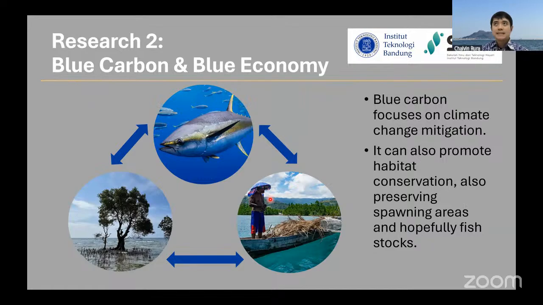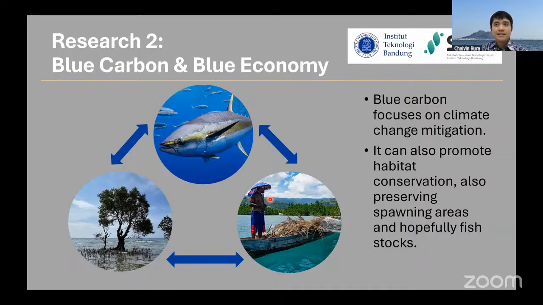There is currently a trend in Indonesia, because we have so many mangroves, and not only Indonesia but Southeast Asia, because Southeast Asia has the highest density of mangroves. There's an opportunity for countries that have mangrove and seagrass to participate in blue carbon and the blue economy.